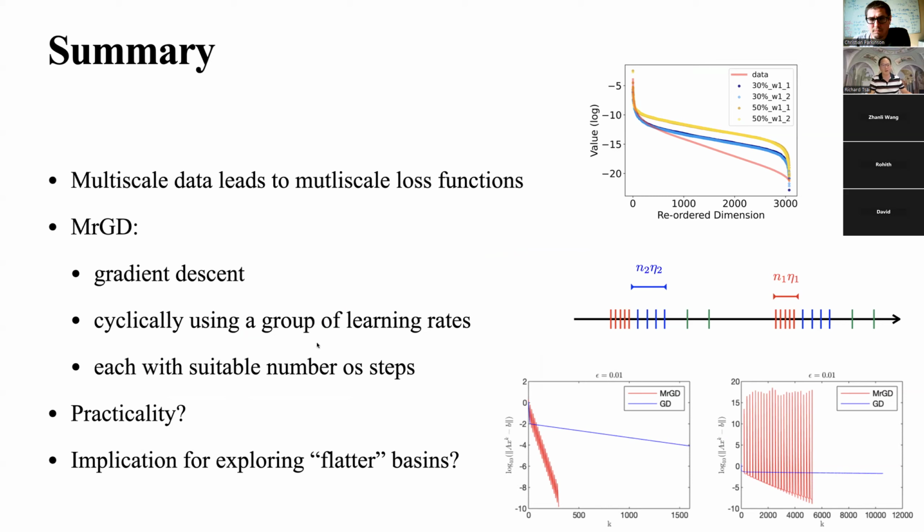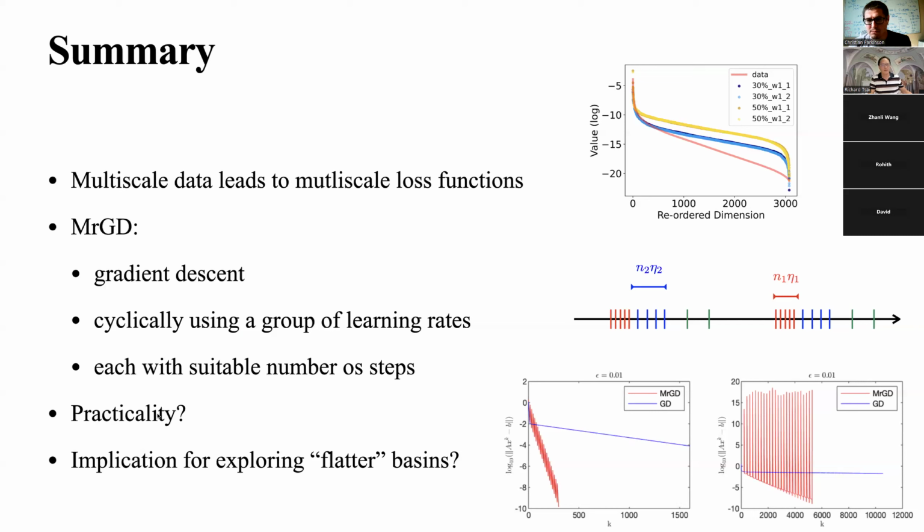And then I told you the idea of a training strategy involving cyclically using different learning rates with a suitable number of steps for each learning rate. And we can prove, at least for a class of smooth convex functions, that it can provide acceleration.